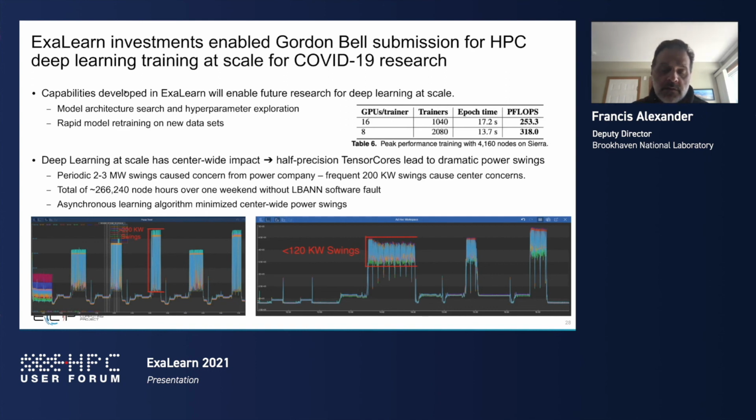One of the interesting things that emerged from this was that my colleagues at Livermore were contacted by, I think, Pacific Power Company, because in doing these very large-scale deep learning simulations and training, there were huge power swings you could see at the bottom that triggered some interest from the power company. So these types of simulations can be quite expensive, but can also cause tremendous power surges.